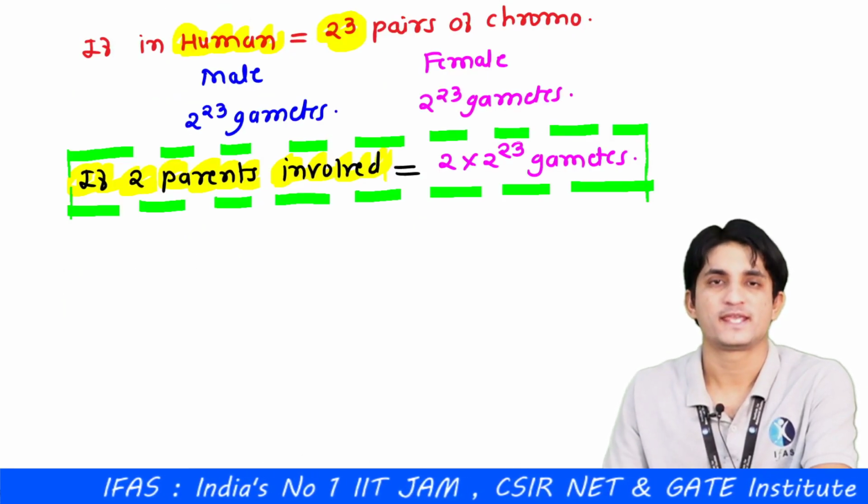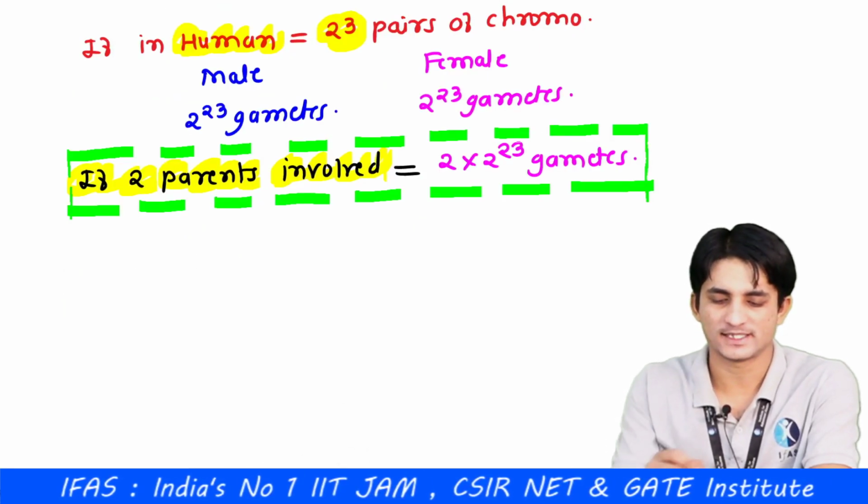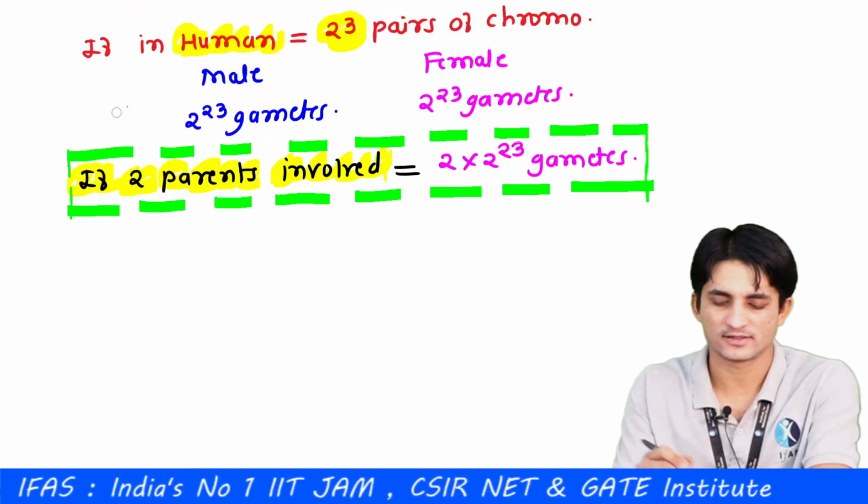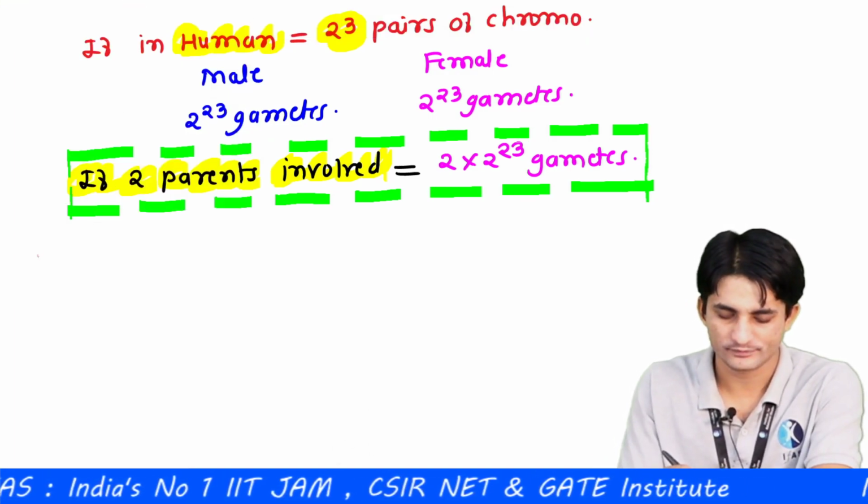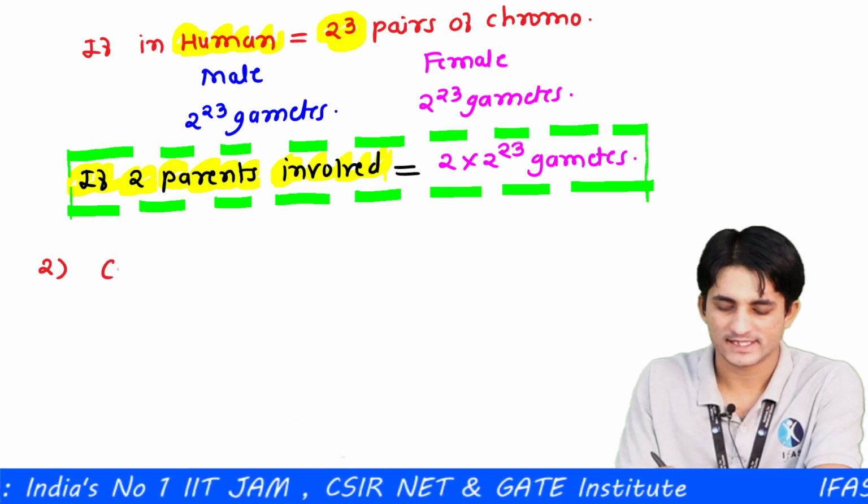After independent assortment, there is a second event, that is called crossing over.